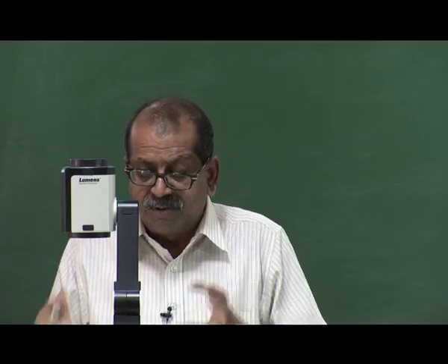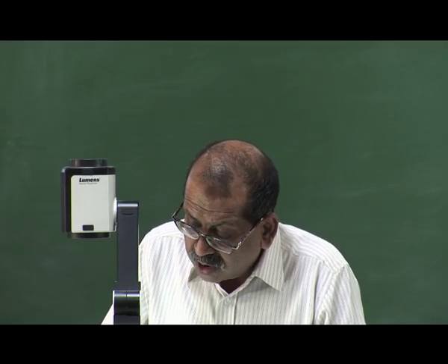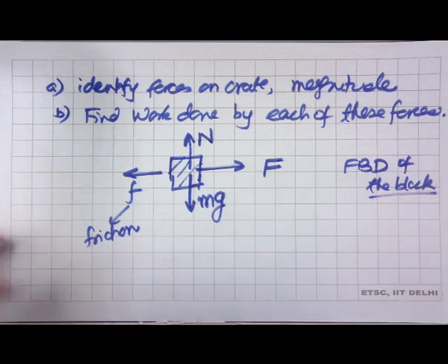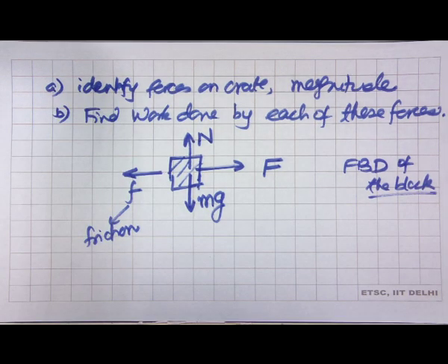So, these are the different forces acting on the block. This is the free body diagram. Now, we have to identify the magnitudes.